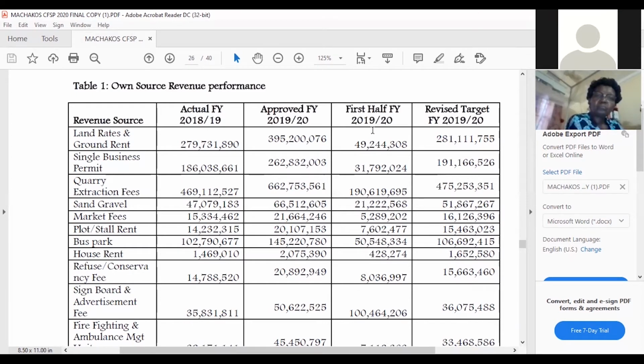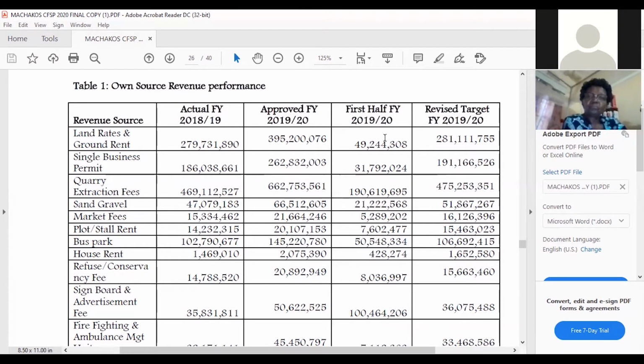So for the first half of financial year 2019, they managed to collect 49,244,308 from land rates and ground rent, and yet their revised target for this financial year was 281 million. When they say first half, it means the first 6 months.